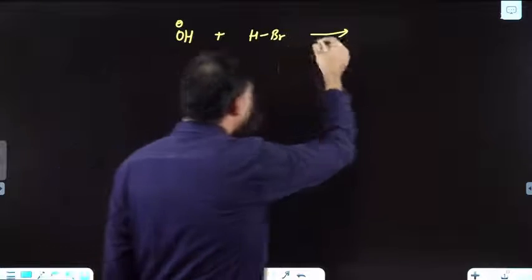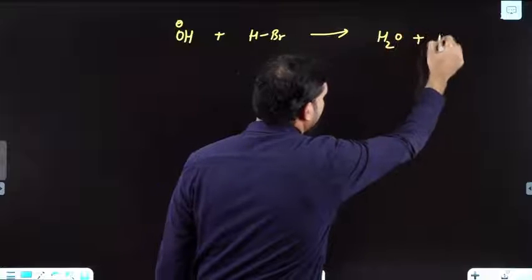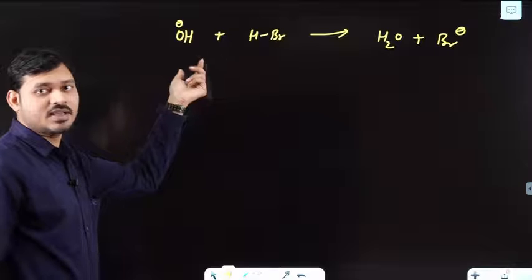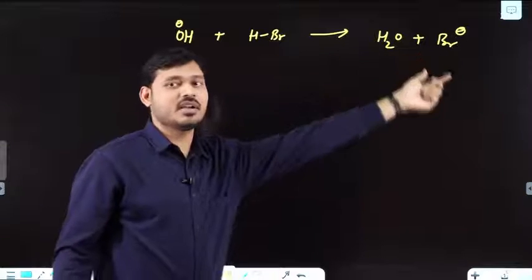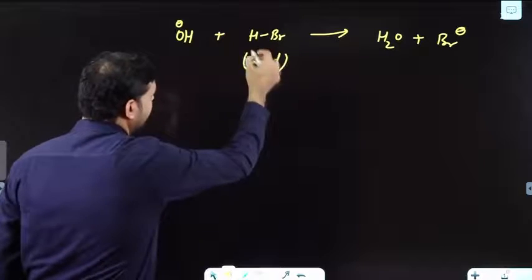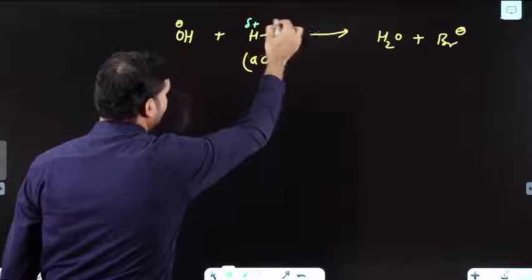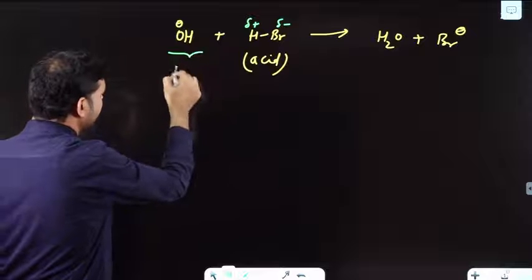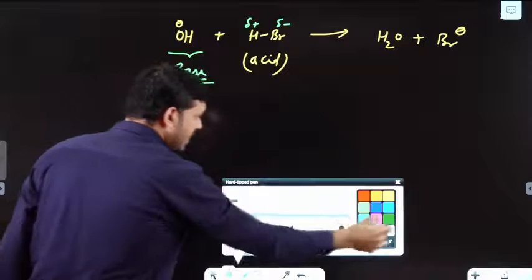So OH minus on reacting with this acid forms water plus Br minus. This is the attacking reagent, this is the reactant, this is formed as product, and this acts as a leaving group. So here it is an acid, delta positive, delta negative.